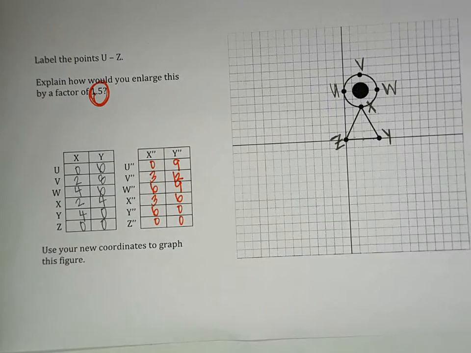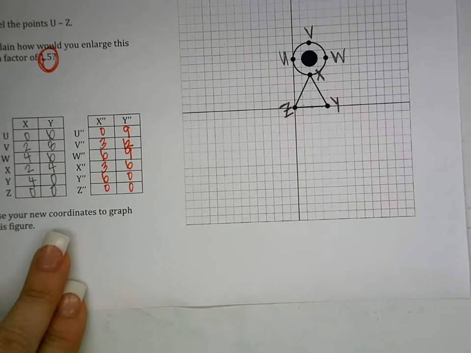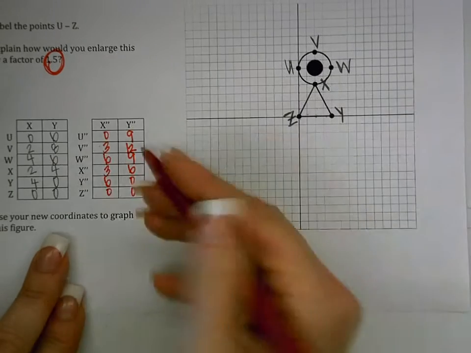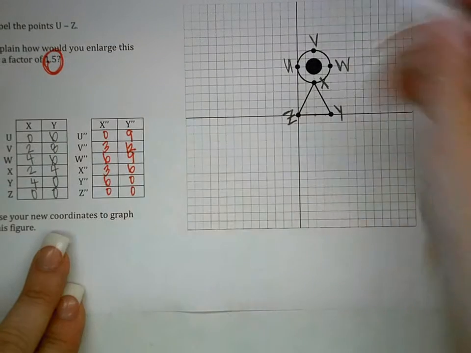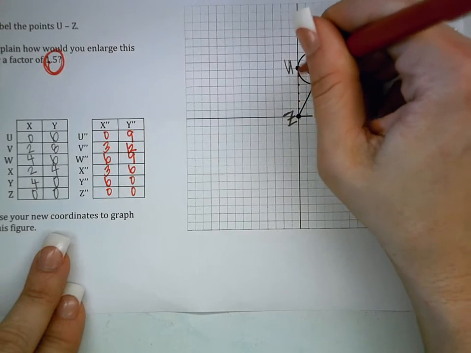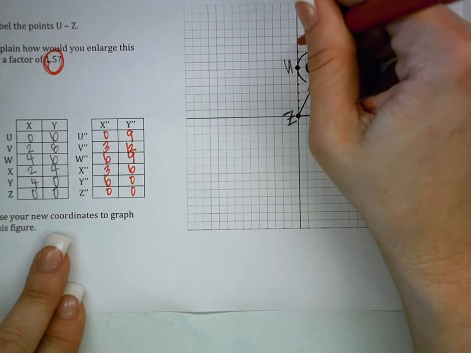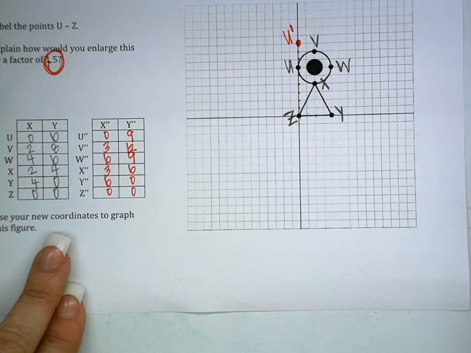Once you get those, now we can actually graph these. We're going to plot our dots and then we'll connect them. So U prime is at 0, 9. So over 0, up 9. So 1, 2, 3, 4, 5, 6, 7, 8, 9. That's U prime.